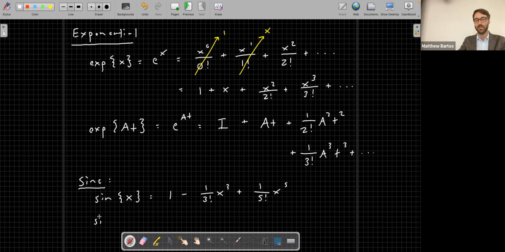So for a matrix, if we take the sine of a matrix, it's simply equal to the matrix A minus 1 over 3 factorial A cubed plus 1 over 5 factorial A to the 5th power, and so on.